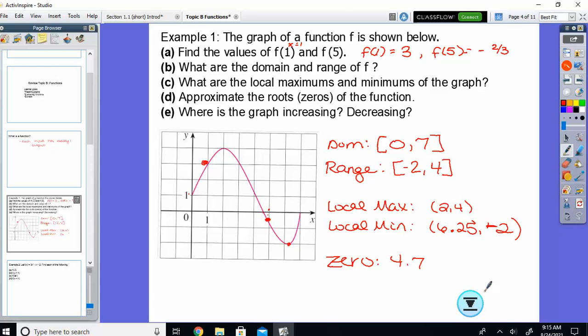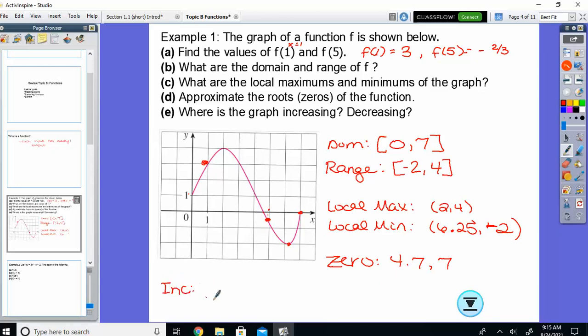Does it hit the axis anywhere else? At 7. You only have to give the x values there because we already know the y is 0.